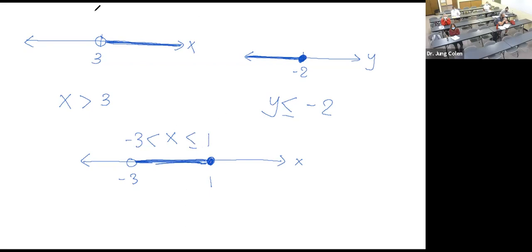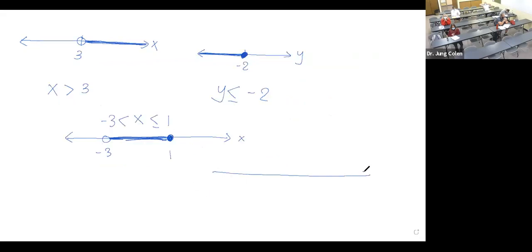Let me challenge you a little bit more. What if we have a number line like this? Negative 3 and 1. And we go this side. And we go this side.